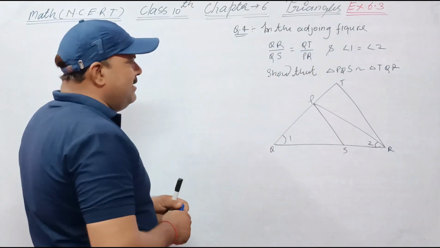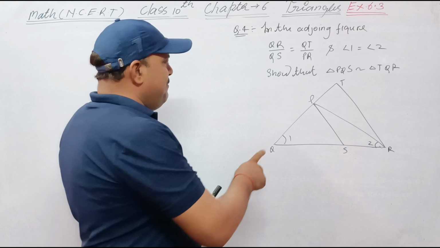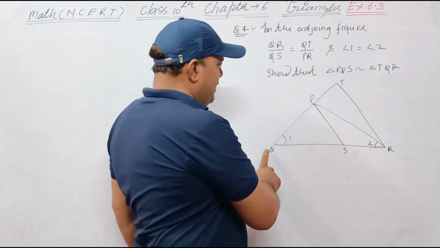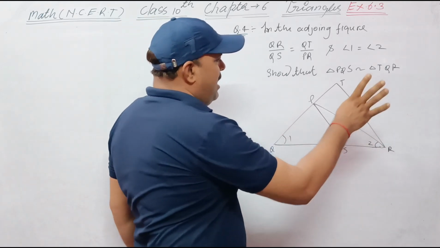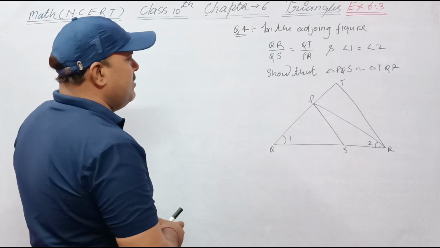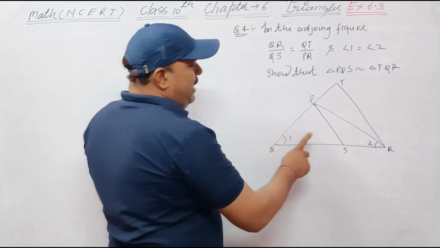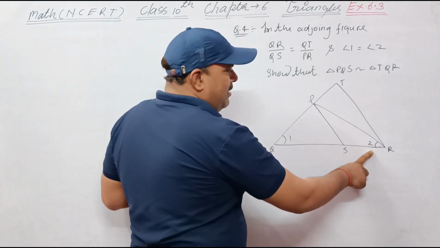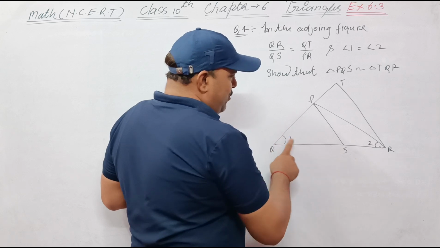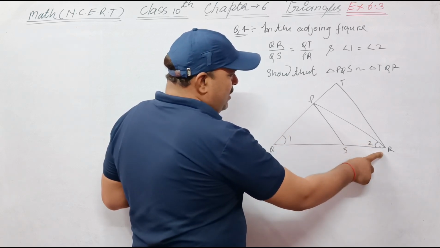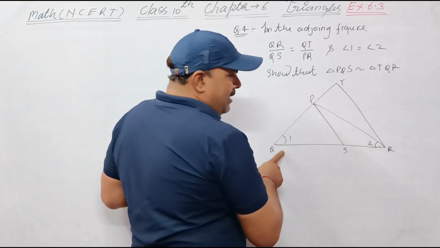Let's understand. In triangle PQR, angle PQR is equal to angle PRQ.